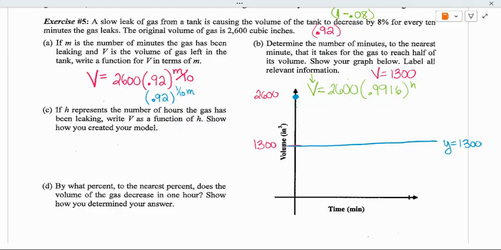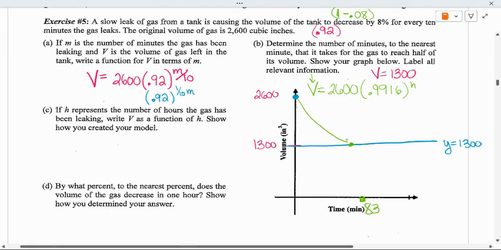So when I scroll through my table, I find out that it reaches 1,300 at about 82 to 83 minutes, right? So if I say that this is 83 minutes, this is where my graph intersects this line.